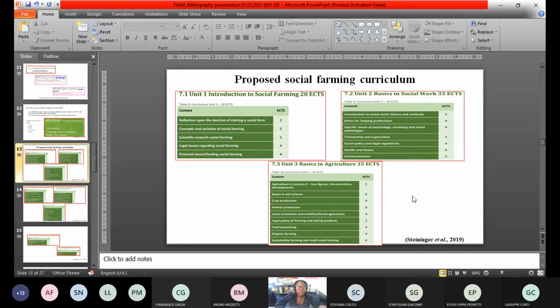What interests you, and what legal issues can you go through when you are engaging in social farming? And they also teach you about finding fundraising for your social farm, and financial issues.